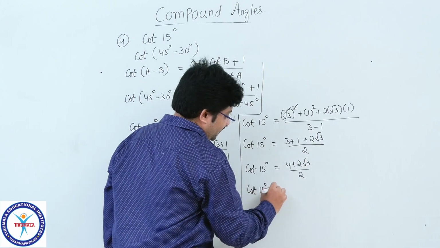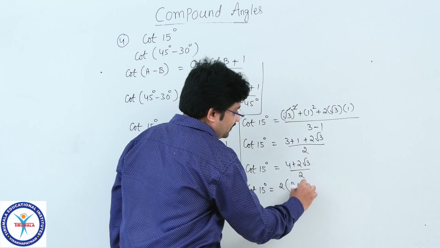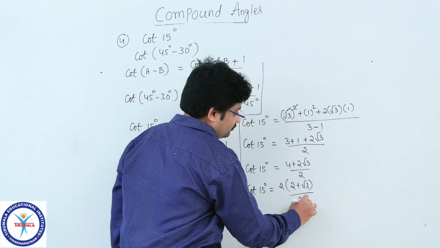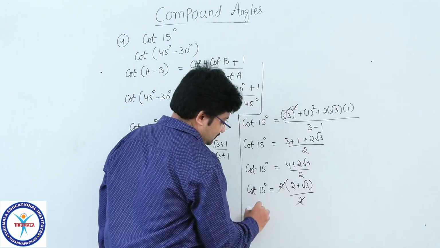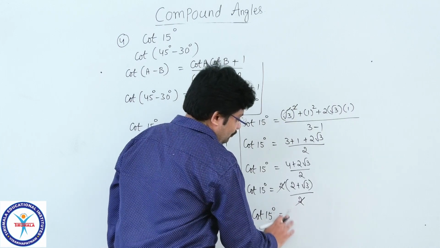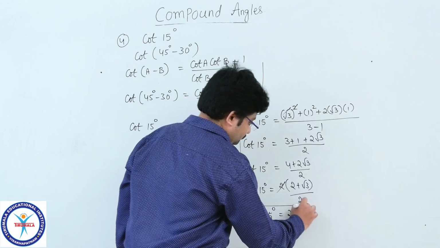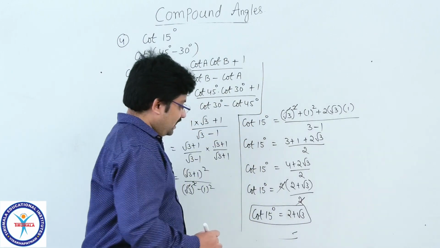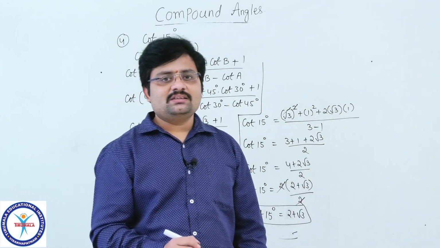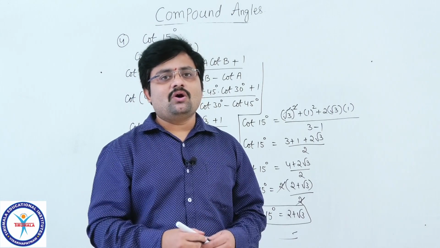Therefore, cot 15 degrees is equal to, when we take 2 as common, it becomes (2 plus root 3) by 2. Now 2 and 2 get cancelled. Therefore, the value of cot 15 degrees is equal to 2 plus root 3. So now we have solved and found the values of sin 15 degrees, cos 15 degrees, tan 15 degrees and cot 15 degrees.